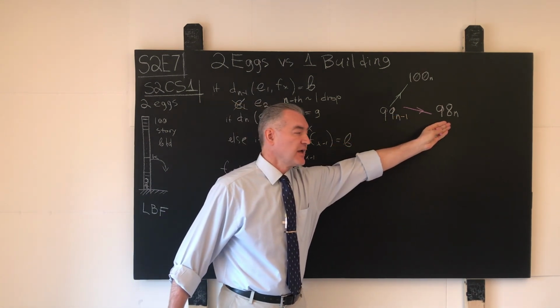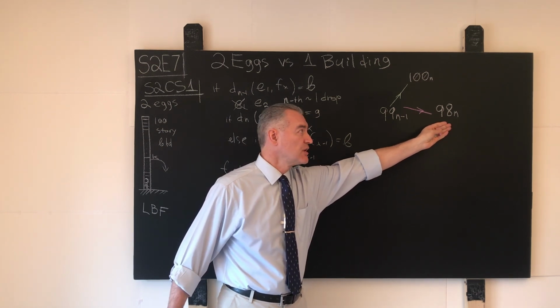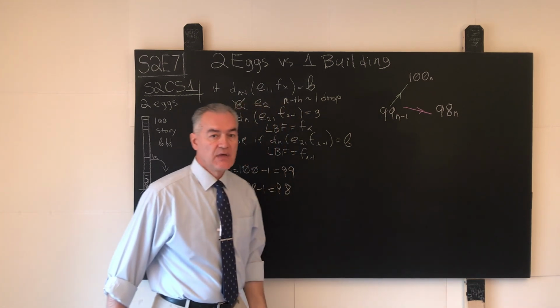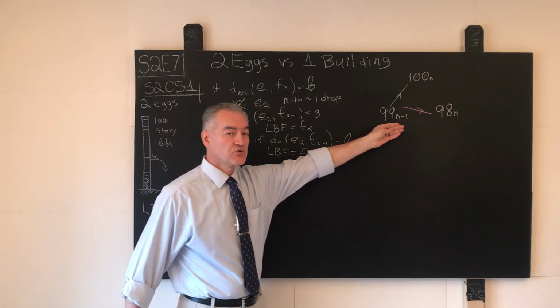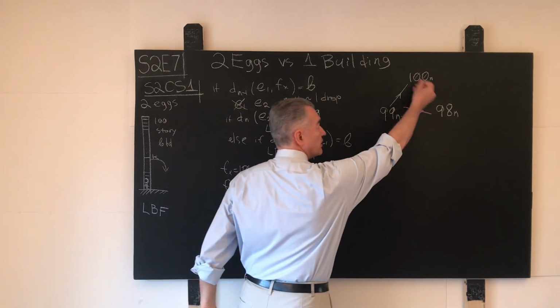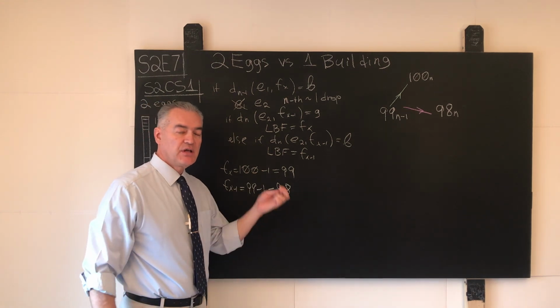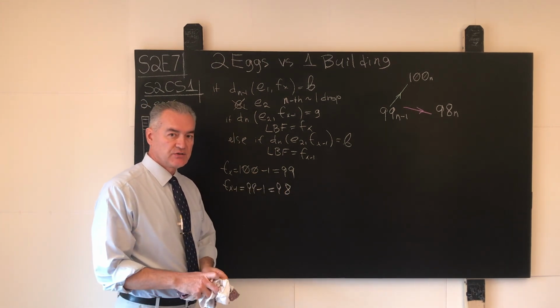And if the egg does not survive the drop from the floor 98, then the lowest bad floor in the building is 98. However, if the first egg does survive the drop from the floor number 99, we step up to the floor number 100 and repeat the experiment as was explained earlier.